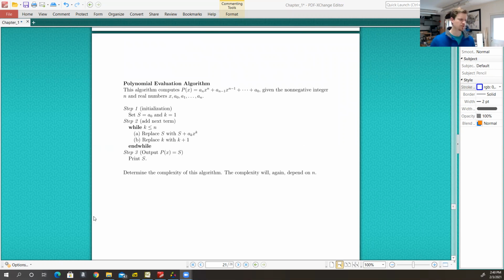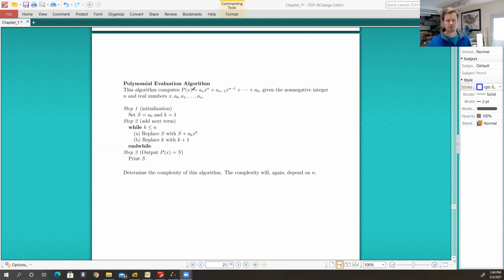And in our polynomial evaluation algorithm, as we read it, we try to understand what it's saying. We want to go through an example at the same time. So for our example, let's read at least the first part.